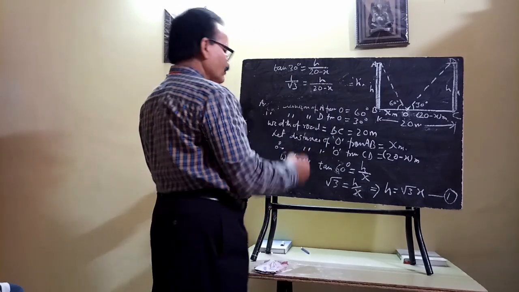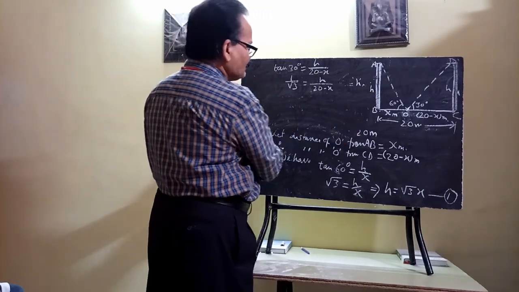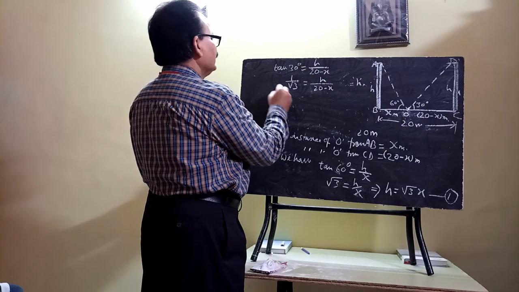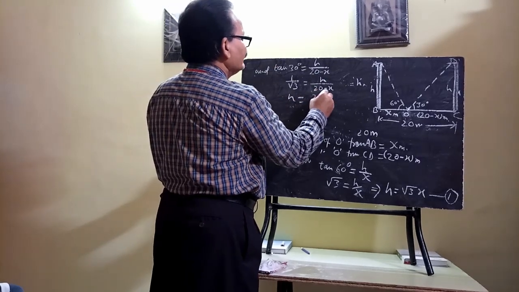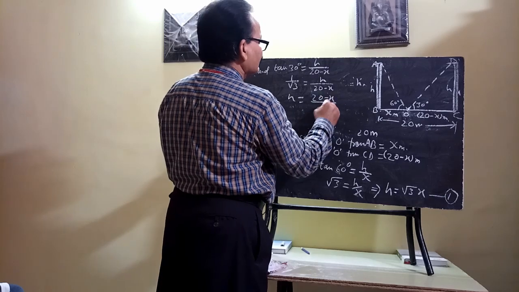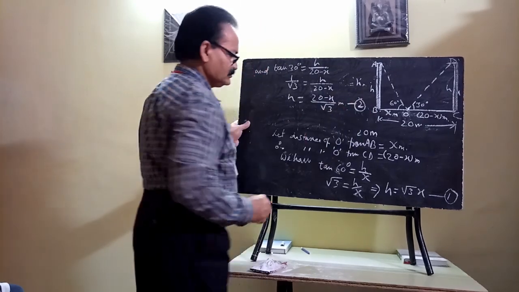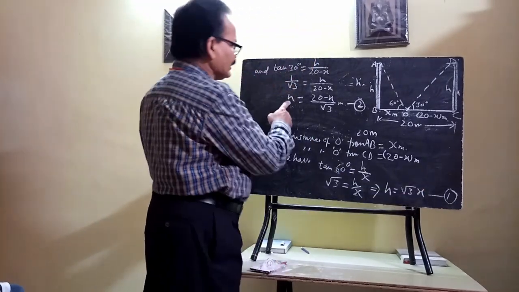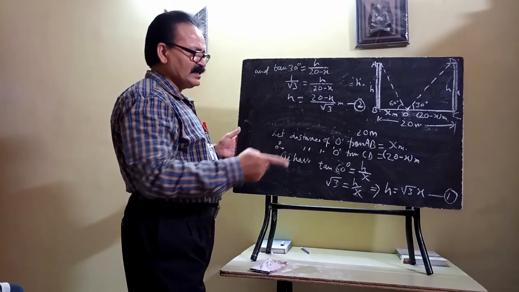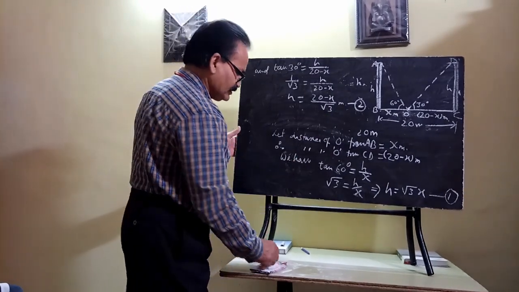So then the value of H equals 20 minus X by root 3 meter. So this is your equation 2. The first equation is H equal to root 3x, the second one is this. Both are H and both are the same height, so you can compare them.